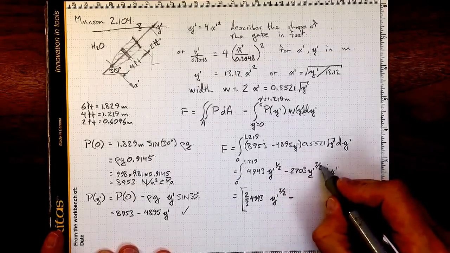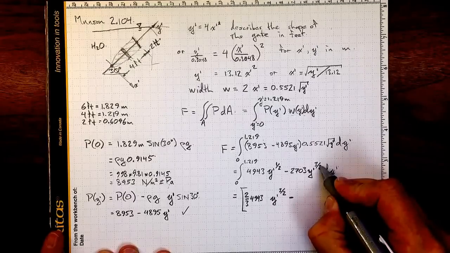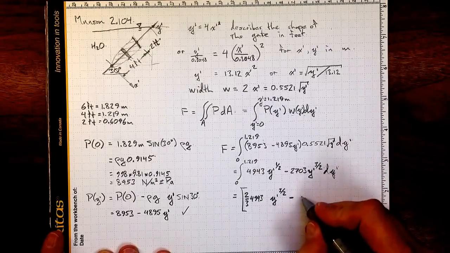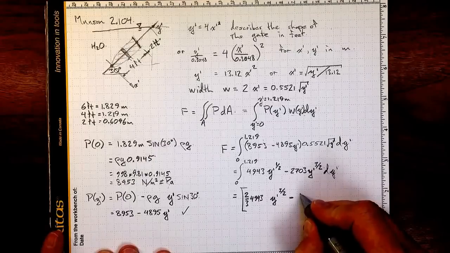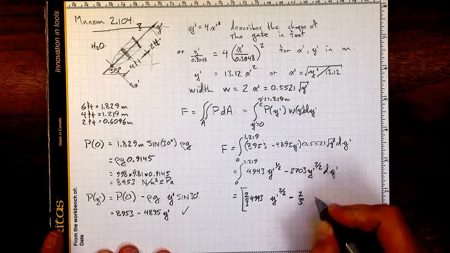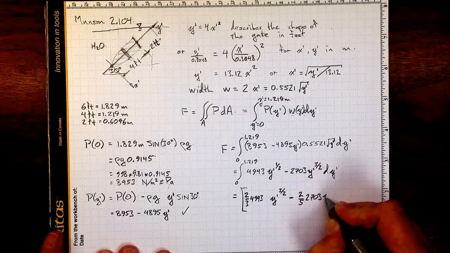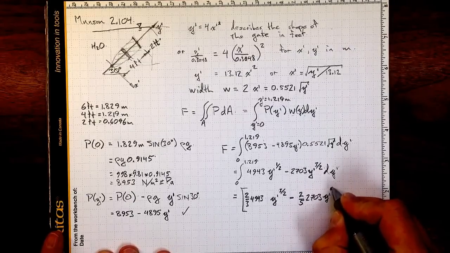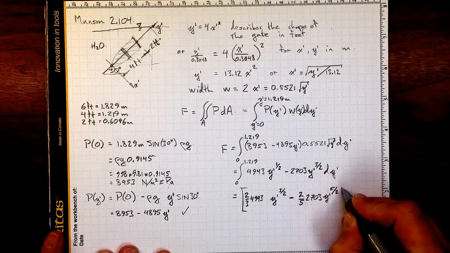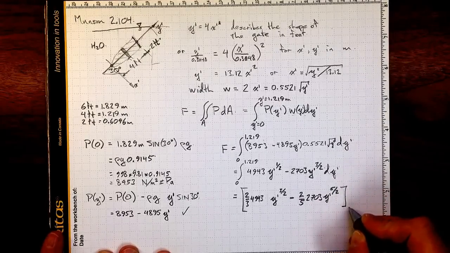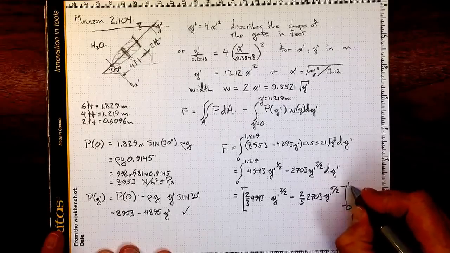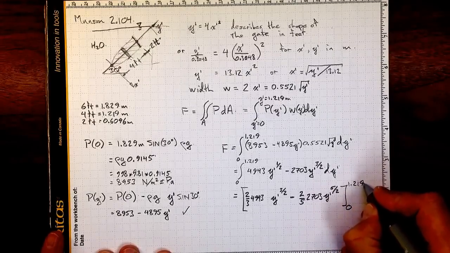Minus, this will go up to being 5/2, and it'll have to be multiplied by 2/5 times 2703 y prime to the 5/2, all evaluated at 0 and 1.219.